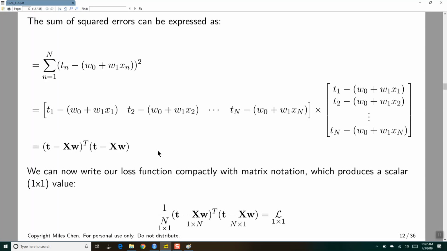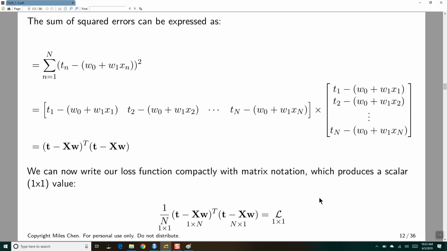Okay, and so if we wanted to talk about our loss function, which is the mean squared loss, or the mean squared error, we have n terms, and so we're going to just take that quantity, which is a 1 by 1 scalar, and divide it by n, or multiply by 1 over n, which is a scalar value in and of itself, of course.